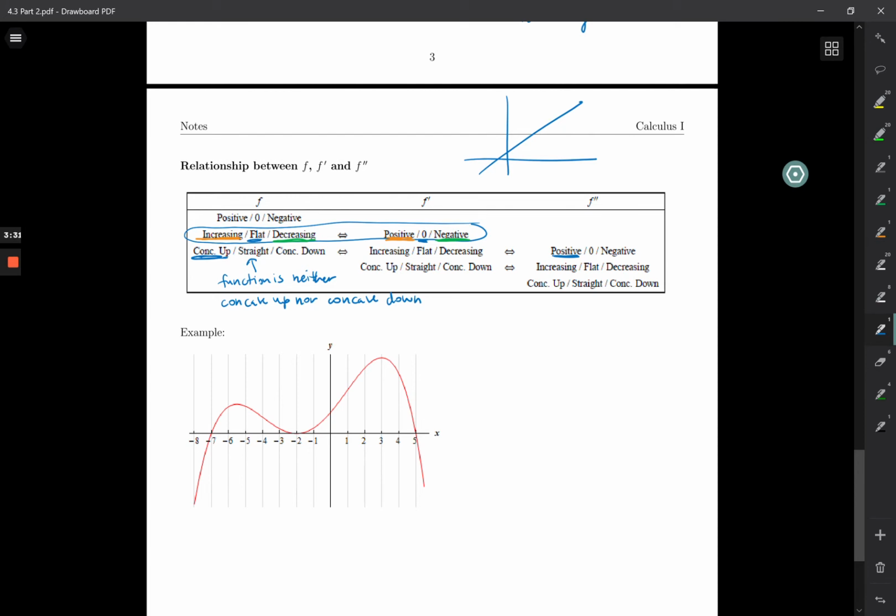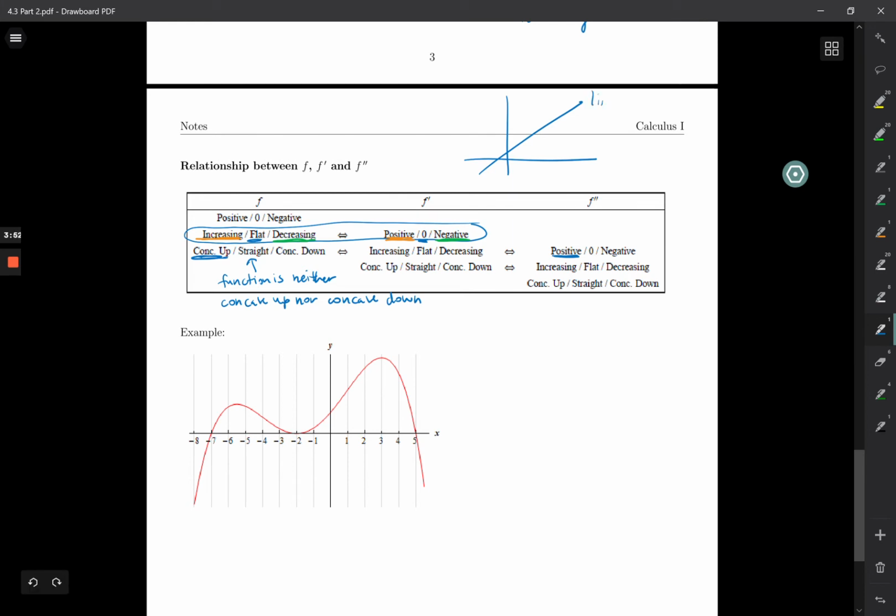Any straight line is going to have that property. It's neither concave up nor concave down. And if you have any other type of function, it will have some kind of curvature to it, right? So in that case, it will either have to be concave up or concave down somewhere. So this is the only type of function.